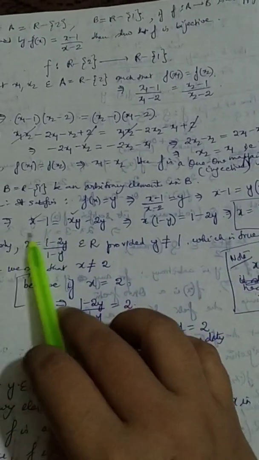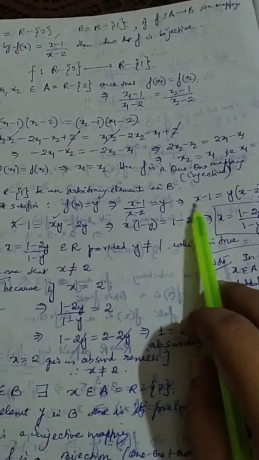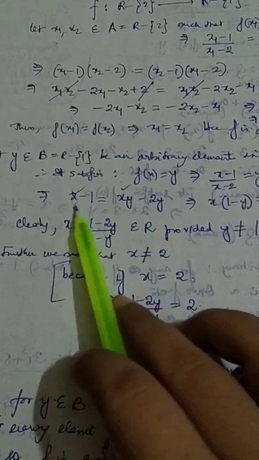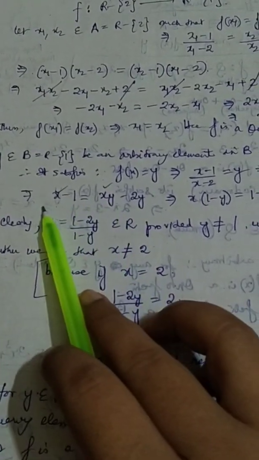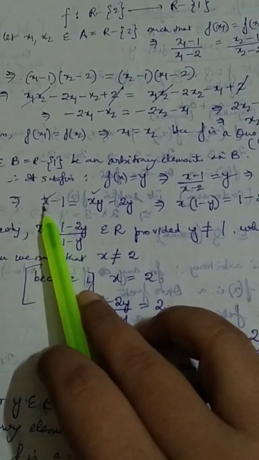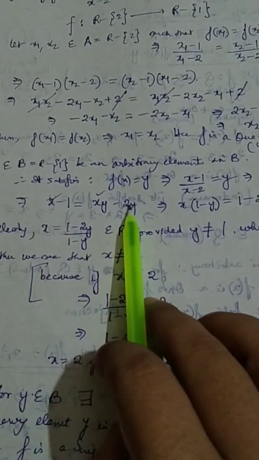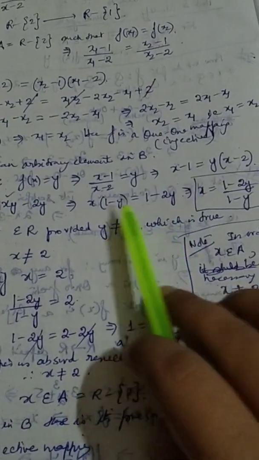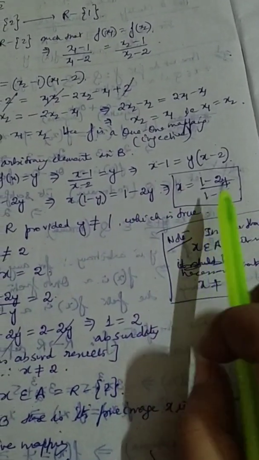You know how to simplify, nothing much to explain. x - 1 = yx - 2y. These two contain x, so bringing them to one side, x common, x(1 - y) = 1 - 2y. So therefore x = (1 - 2y)/(1 - y).